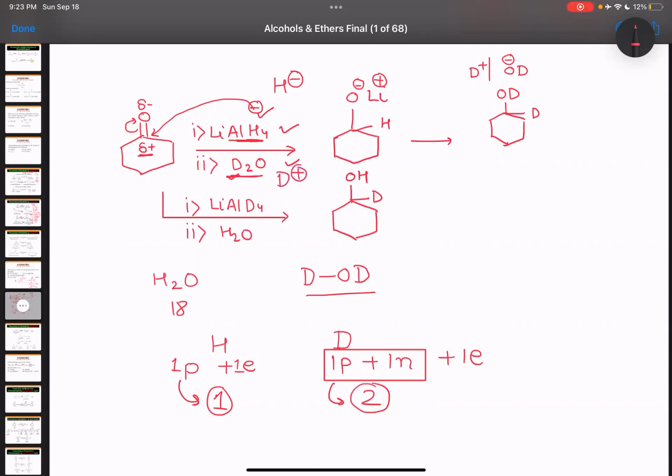In order to differentiate these hydrogens from one another, I took one as hydrogen and another as deuterium. So this H minus is going to come over here. O minus is going to form, O minus Li plus. Now once you do the neutralization with D2O, D plus is going to come and add over. This is the case. Understood?